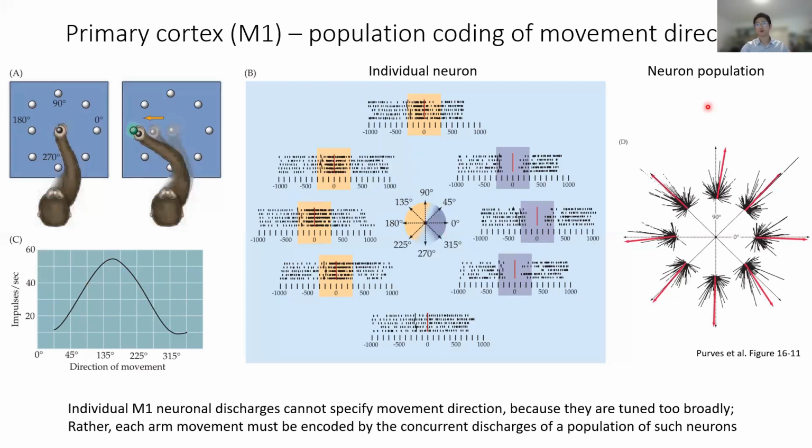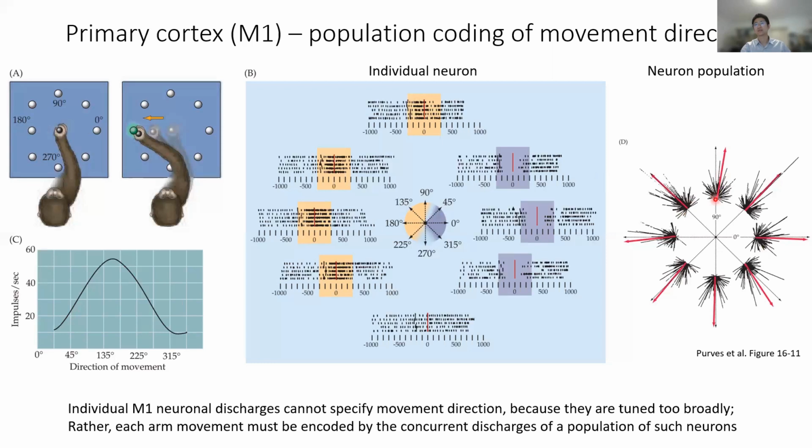Then we introduce a population of neurons. Say we record hundreds of neurons, each with this kind of property. For example, this neuron is more active in this direction, but other neurons may be active in other directions. At each movement direction, we take the activity of each individual neuron from its tuning curve and plot it together.